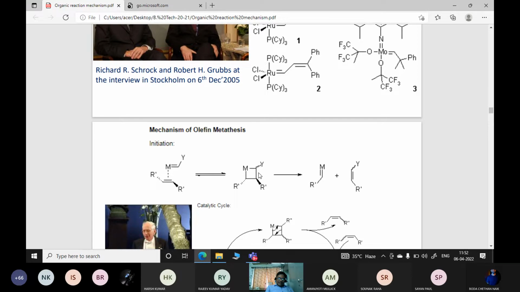You see here, this is the carbon-carbon sigma bond. So two new bonds form and two pi bonds break. Which pi bonds? The pi bond of the carbene breaks, and the pi bond of the carbon-carbon double bond breaks. So two pi bonds break and two sigma bonds form.